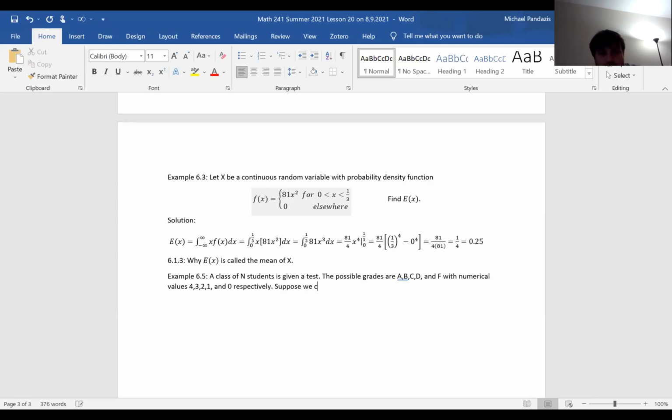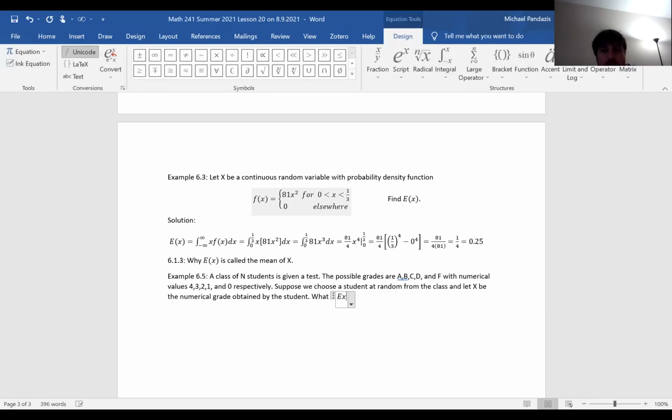Suppose we choose a student at random from the class, and let capital X be the numerical grade obtained by the student. What is E of X?